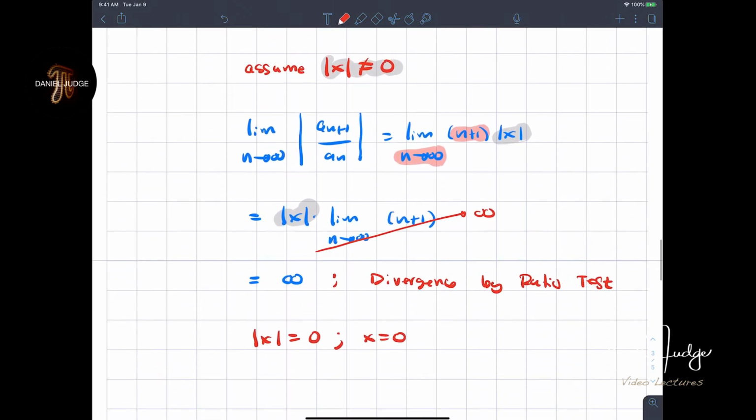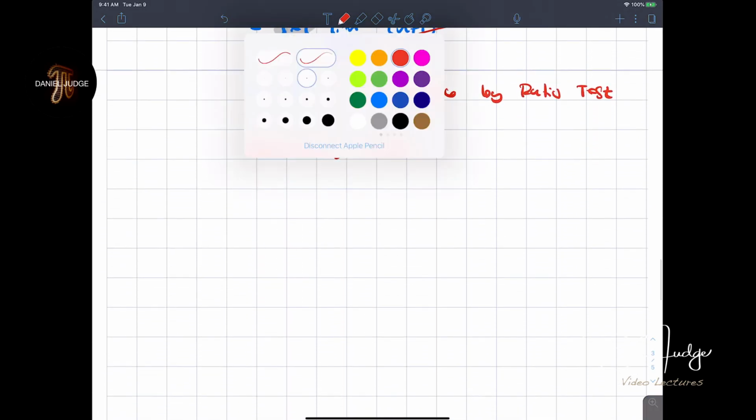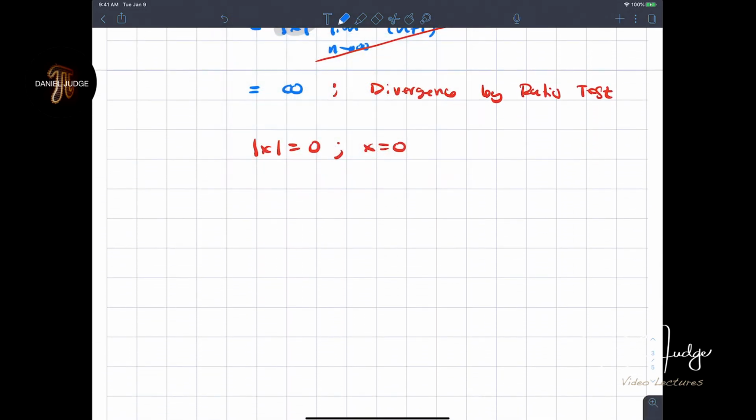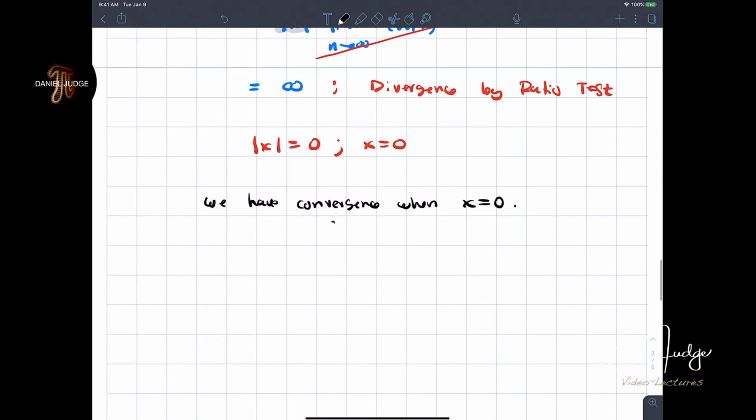So here's how you answer the question here. Here's what this means. And I'm going to put the factor in black. We have convergence when x equals 0. And if I put this in terms of a set, if I list the solution here, x is 0.